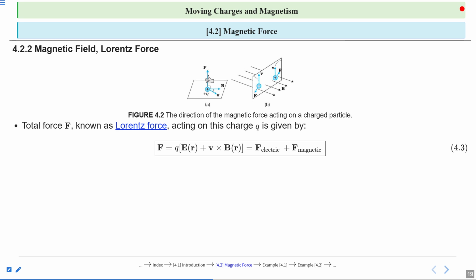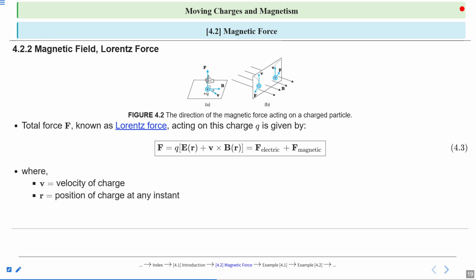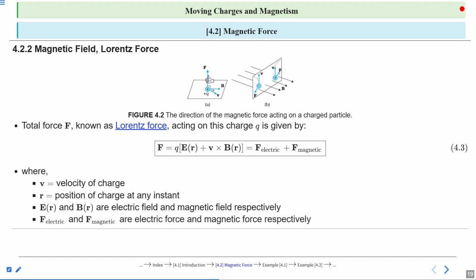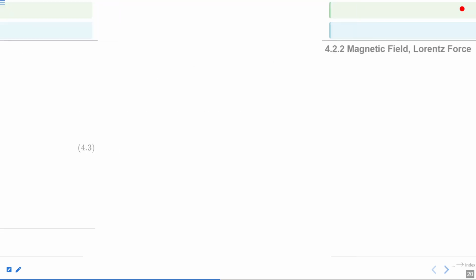So the vector sum of both these forces is known as the Lorentz force, where v is the velocity of the charge, r is the position of the charge at any instant, E(r) and B(r) are the electric field and magnetic field respectively, and F electric and F magnetic are the electric force and magnetic force respectively.